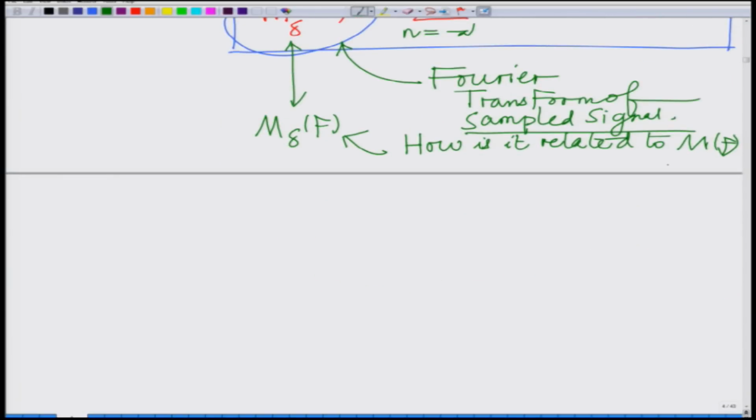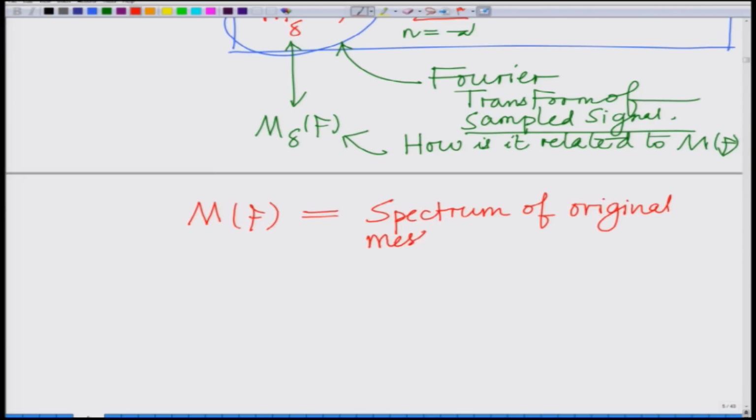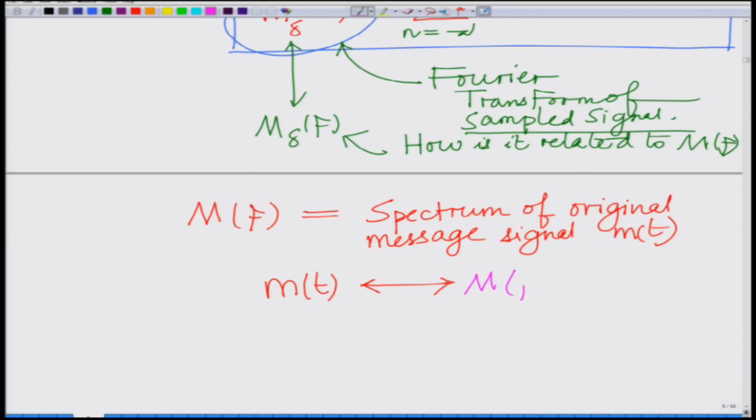Remember, m of f is the spectrum of the original message signal m t, that is, m of f is the Fourier transform of m t.